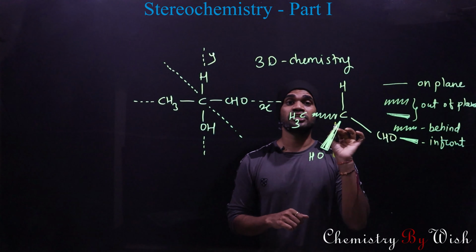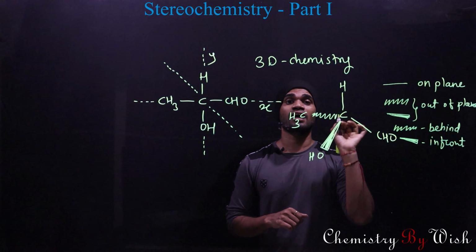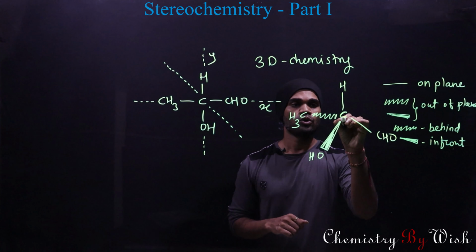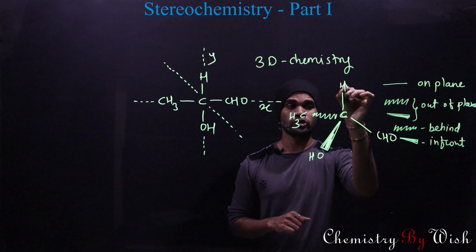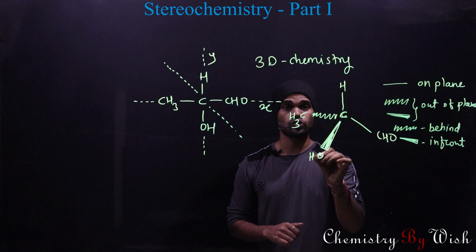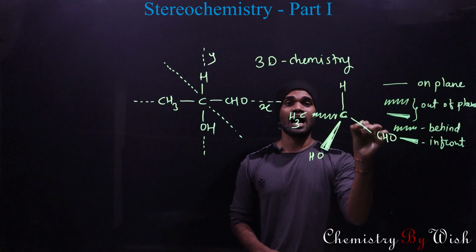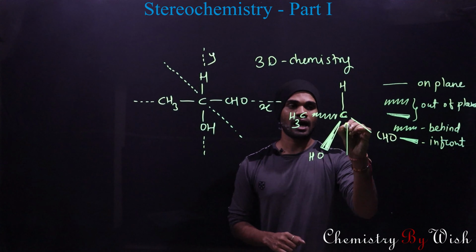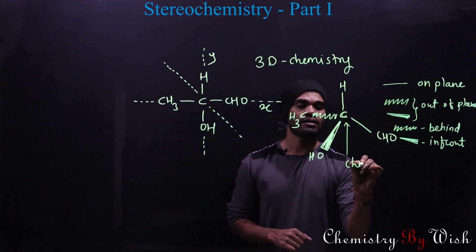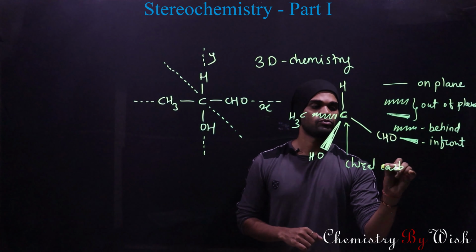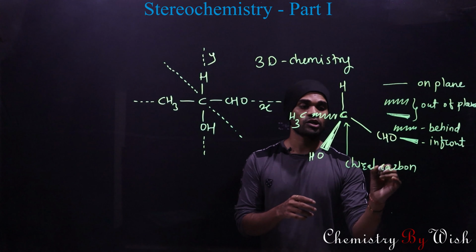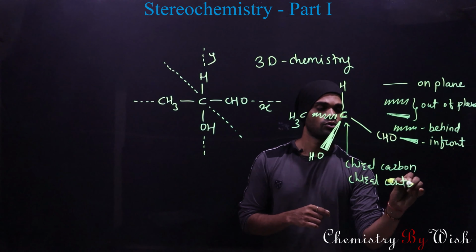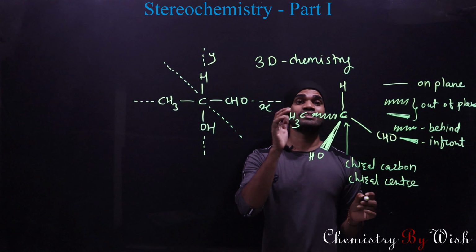So stereochemistry is totally related to the study of chiral molecules. What are chiral compounds? This carbon is directly attached to one hydrogen, one CHO group, one OH group and one CH3 group, which means this carbon is directly attached to four different groups. That's why this carbon is called a chiral carbon atom, or a chiral center.